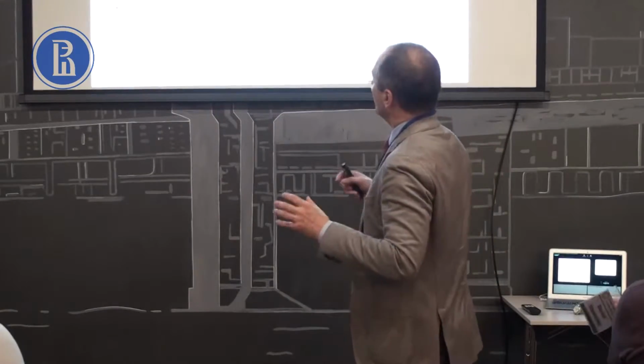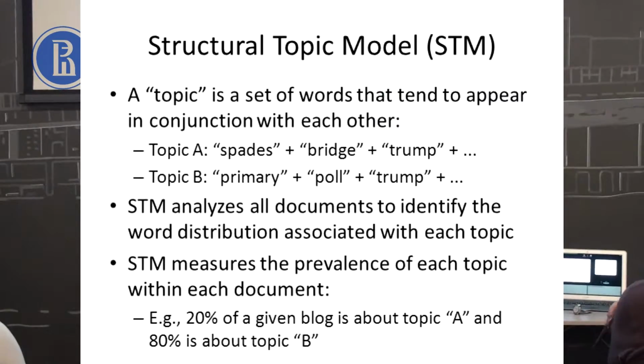A topic is a set of words that appear in conjunction with each other. Look, for instance, at the word Trump. Trump can be a person, a candidate for an election in a big country, or it can also be a card, a play.